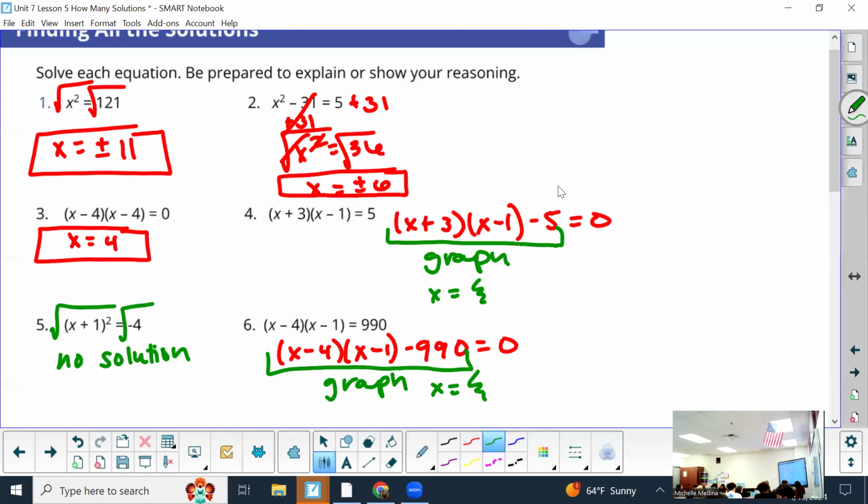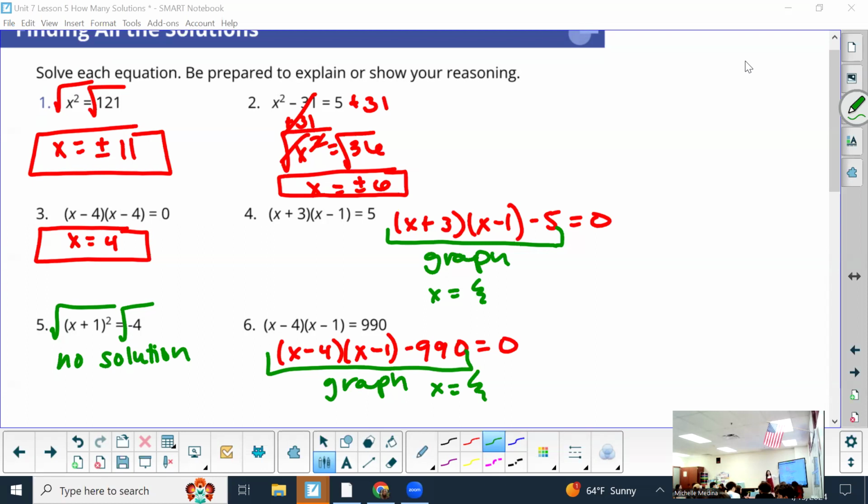All right, but 1 and 2, I did not need to graph those to find the solution because it was pretty easy to isolate the x, when it's in standard form and there's no x to the first power. So for 1 and 2, there's 2 solutions, plus or minus 11, plus or minus 6.